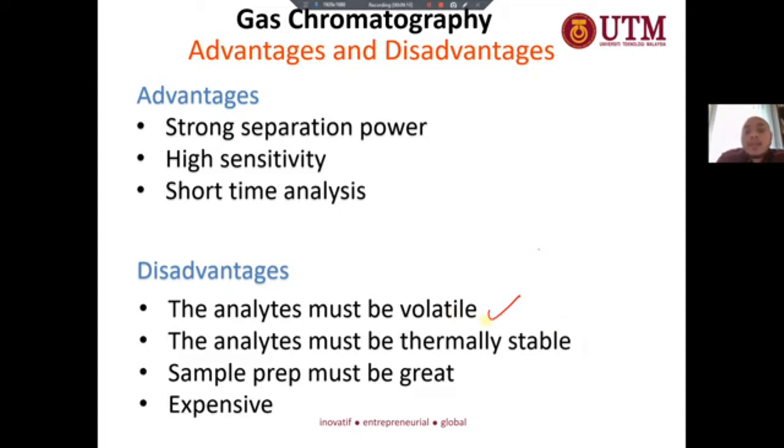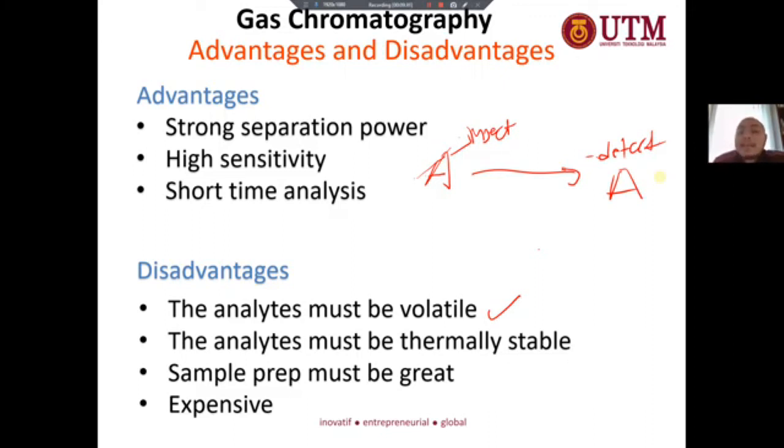For example, you have compound A. You inject, it reaches the column, and then it reaches the detector, it should supposedly still be A. The compound A should not change its properties, should not change its structure, if possible.